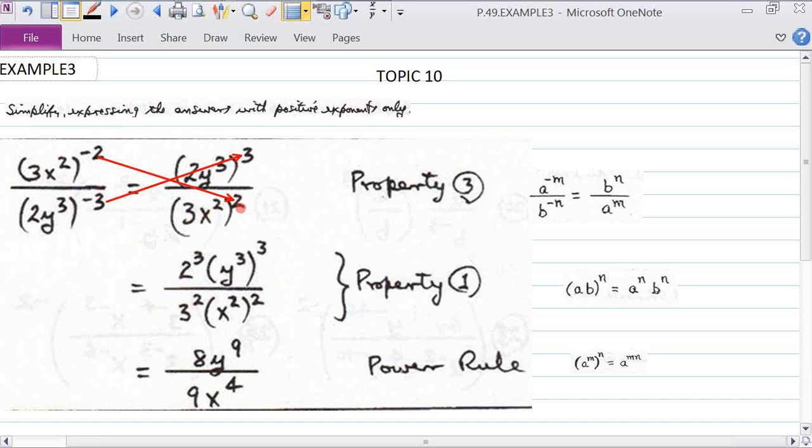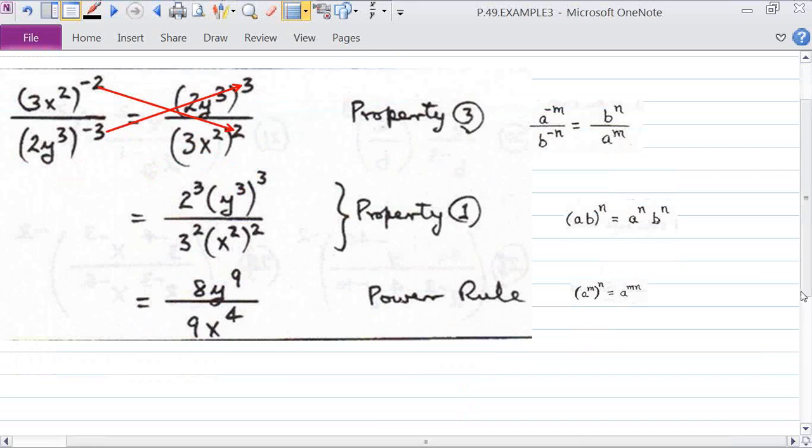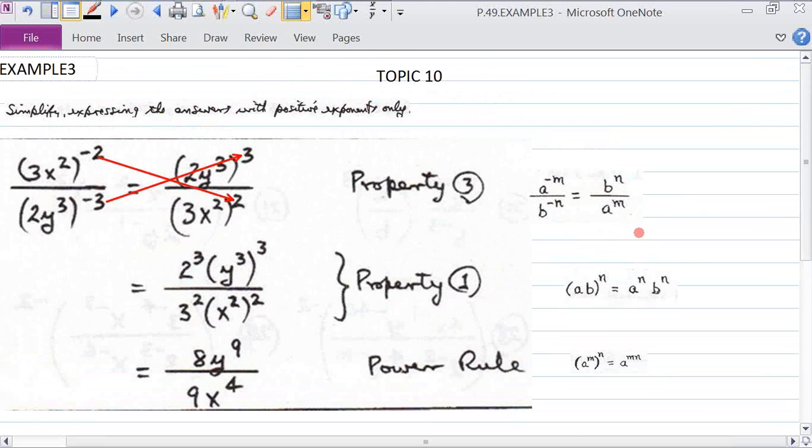And we're going to square the x squared, and we get this. Now, we know that the 2 cubed is 8. The 3 squared is 9. Now we're going to use the power rule, multiply 3 times 3. We get 9. 2 times 2, and we get 4. So really all that's new here is this part right here where we've used this property 3 rule here.